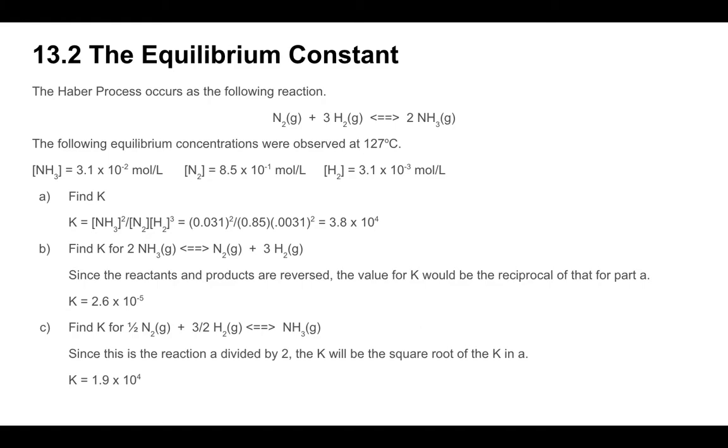And now one more part, let's throw in, what if we took the reaction that we started with and divided it by 2? 1/2 N2, 3/2 H2, 1 ammonia. Well, you might see the reaction written that way, but dividing it by 2 simply means that all of the exponents are now half the size they were before. Instead of NH3 being squared, it's now the first power.